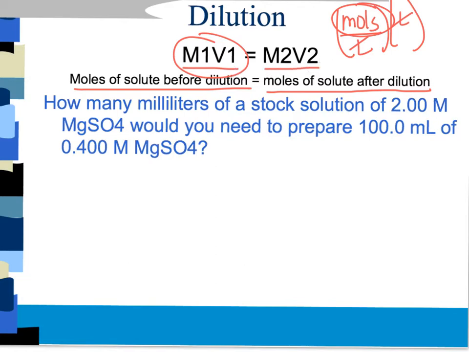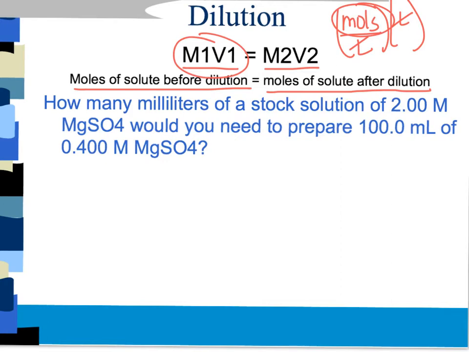So this is a typical dilution question that you might come across. How many milliliters of a stock solution of 2 molarity magnesium sulfate would you need to prepare 100 mL of 0.4 molarity magnesium sulfate? What this problem is asking us to do, well, we have what is called a stock solution, which is also known as a standard solution.